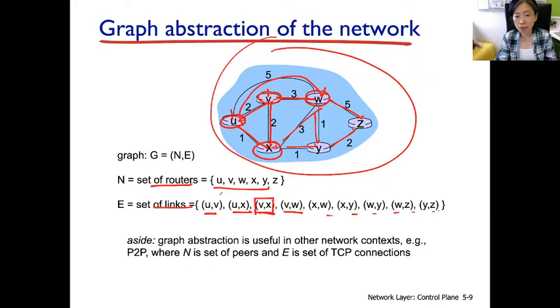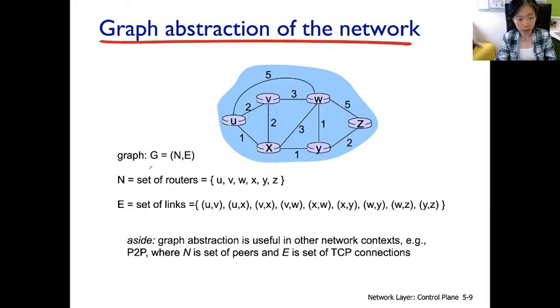And coincidentally, a graph is also defined in a very similar way. A graph consists of the set of nodes and the set of edges interconnecting the nodes. So N here stands for nodes, and E here stands for edges.